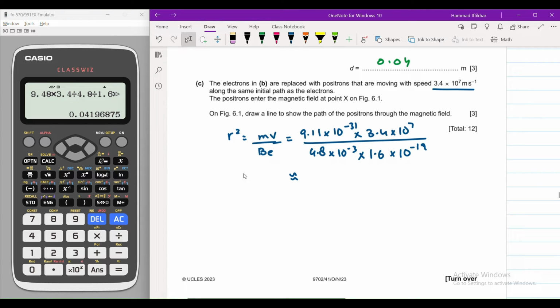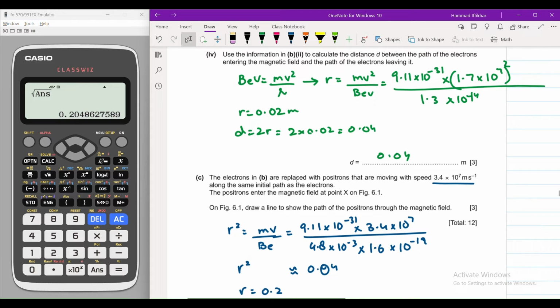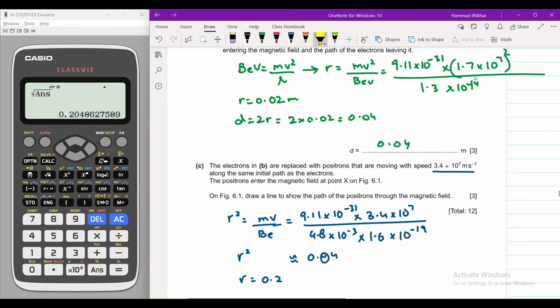So r squared is 0.04, and the square root of that will be 0.2. So as we can see, this is roughly 2 times that of what we had for the electrons. And it makes sense because the speed of the positrons is twice that of the electrons.